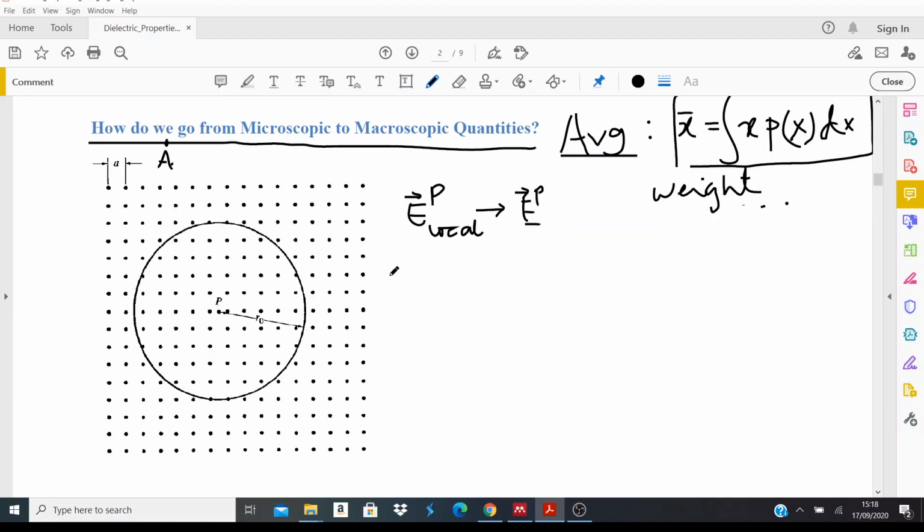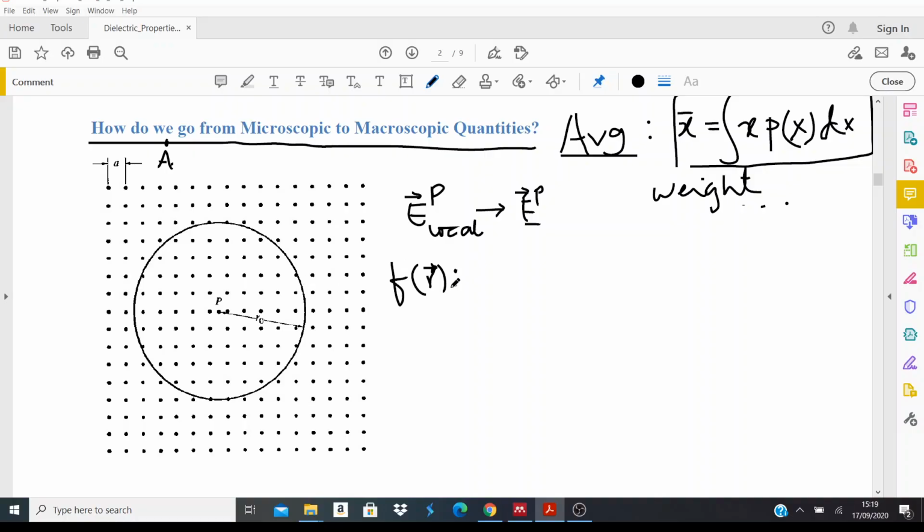For that, we need to invent a weighting function. Let's say we have some weighting function for this averaging to take place, and the weighting function is F(r). That's the position in real space. Every point in this space has some coordinates r, in two dimensions. That's not the problem.